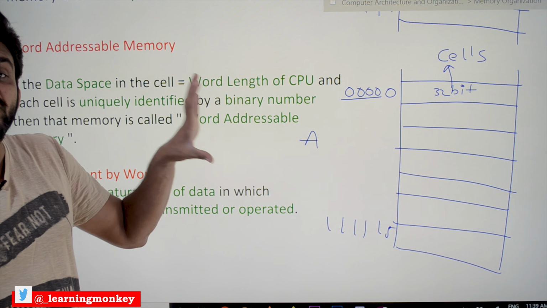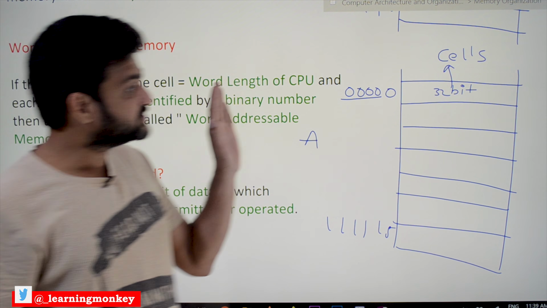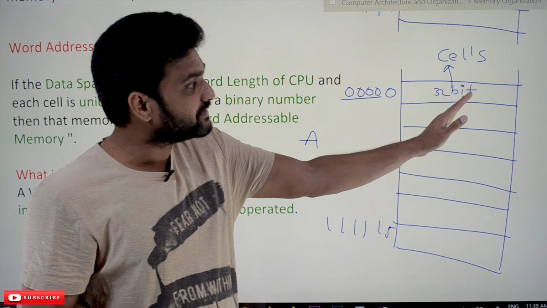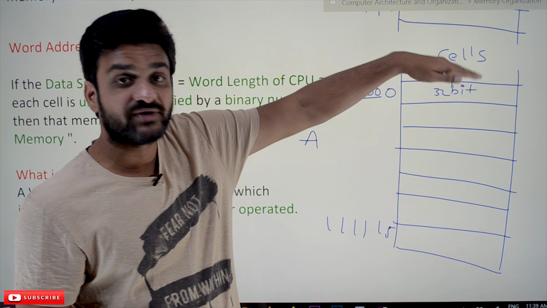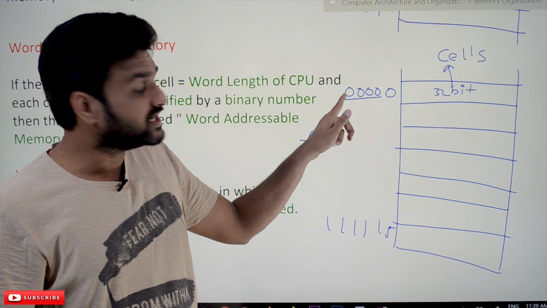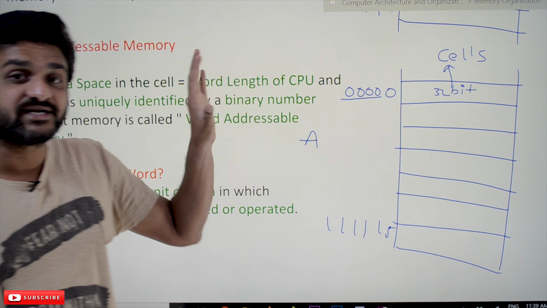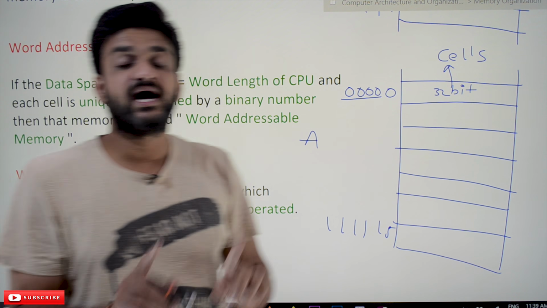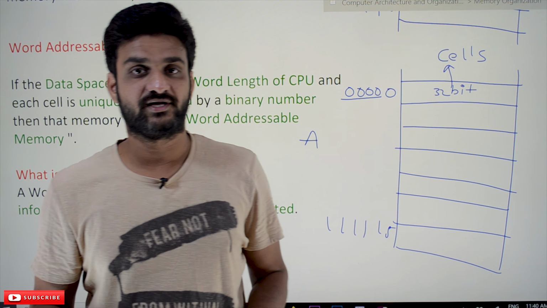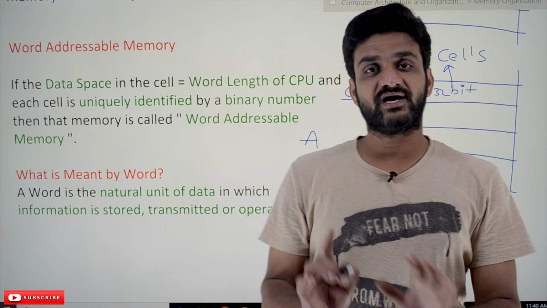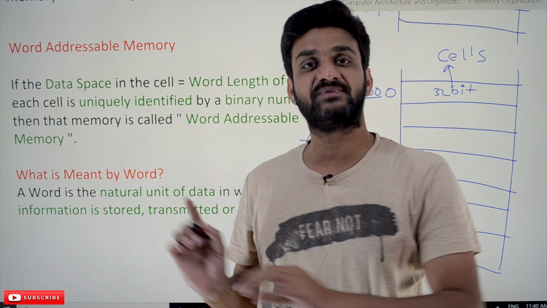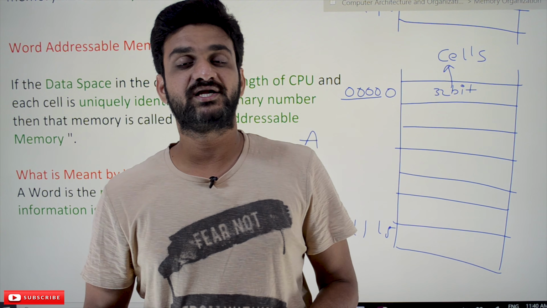This is what we call a word. And if the data space of the memory is addressable in this way, that is what we call a word addressable memory unit. So this is the difference between byte addressable memory and word addressable memory.